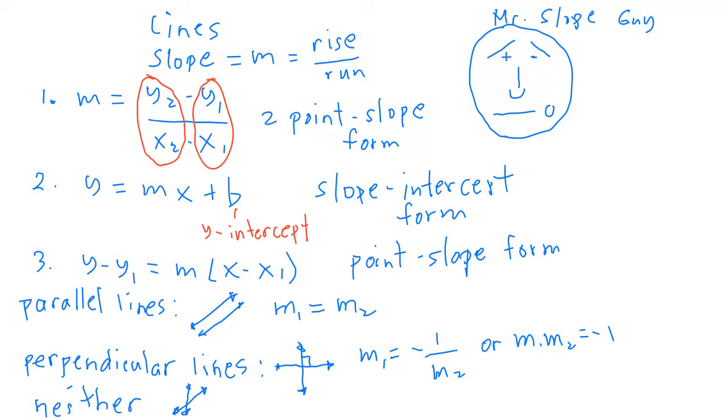Okay, so let's apply those formulas with an example. Given two ordered pairs, you're asked to find the slope.